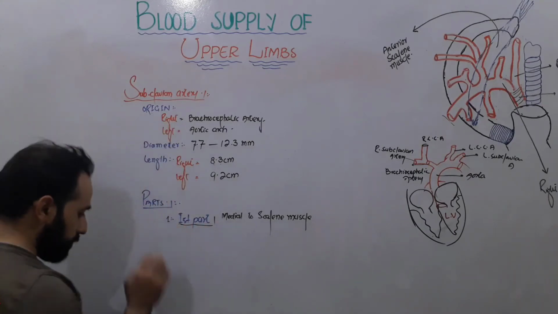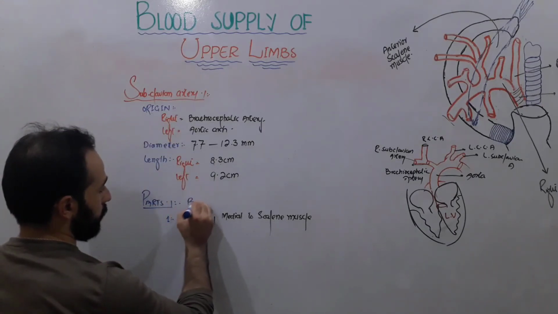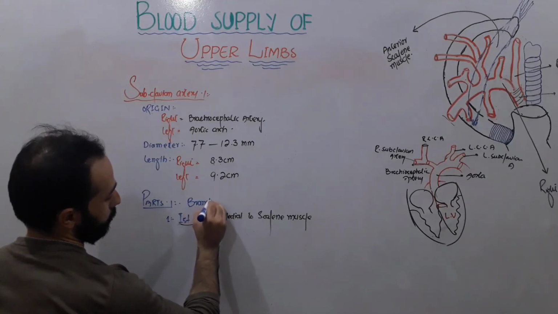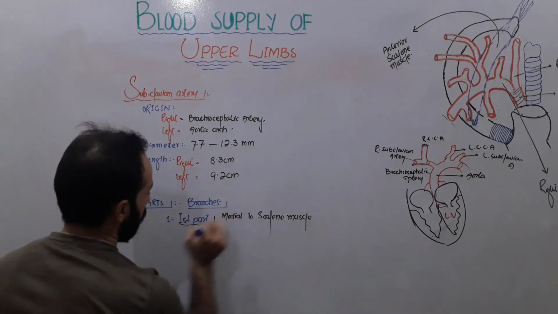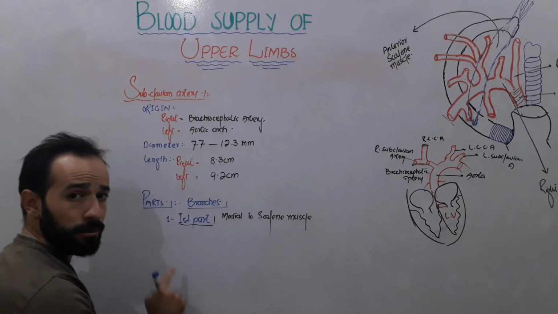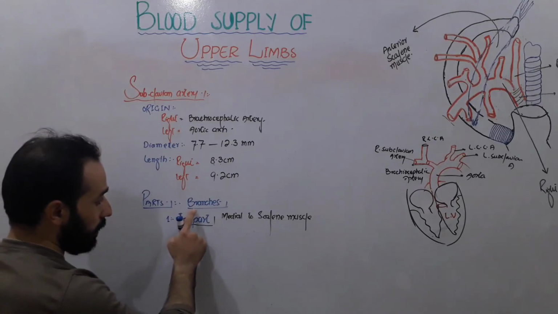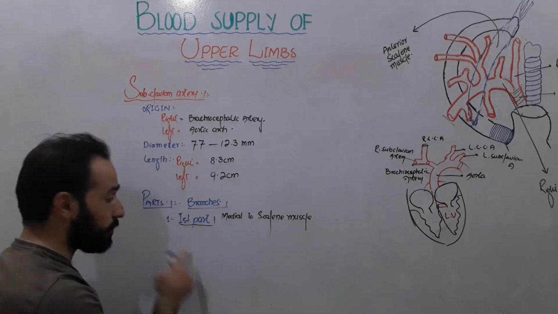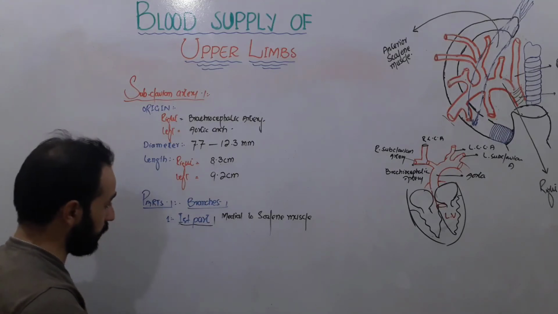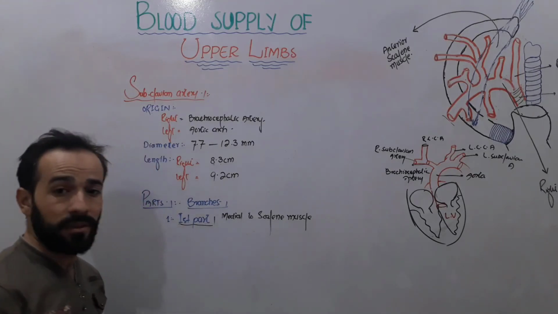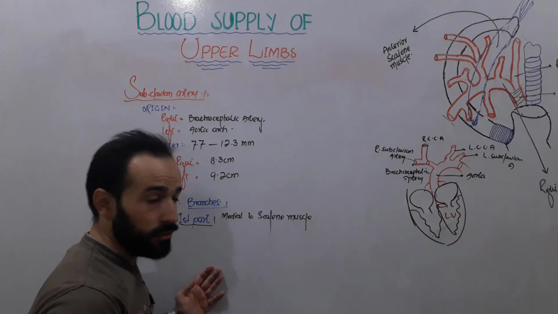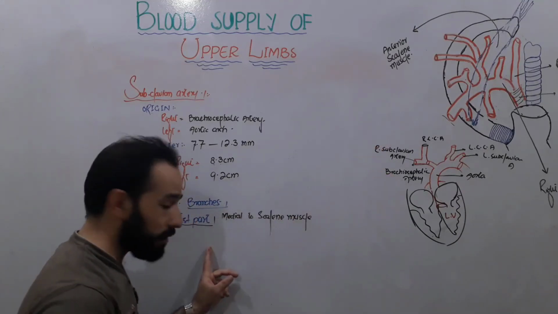Look carefully. Let me write here the branches too, right? So it has divided into three parts, and we will see the branches of this artery in each part, right? So the first part bears about three branches. I will show you there also, but let me write it here.